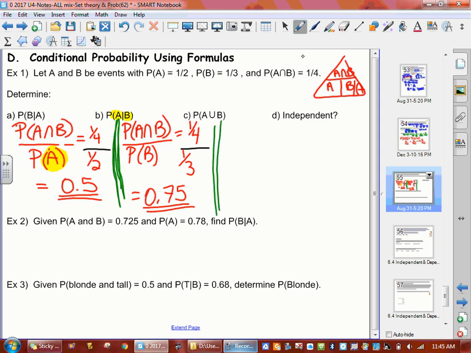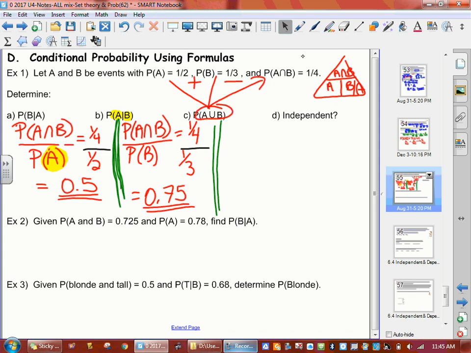And then we'll do letter C. Letter C wants the OR. If it wants OR, we need to add and then subtract the and. So, we are taking these guys and we're going to add them and then we're going to subtract the and. That's the whole thing we're doing there. So, since we're adding and subtracting, we need to do a common denominator.